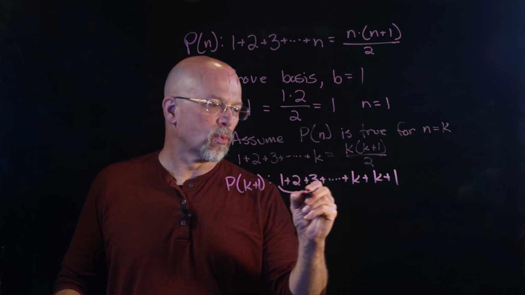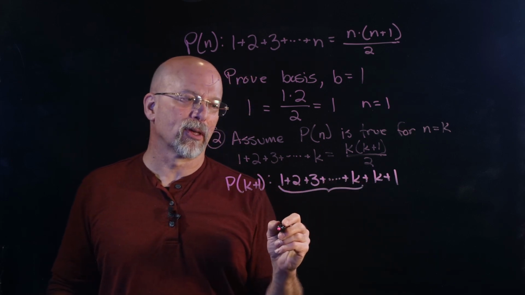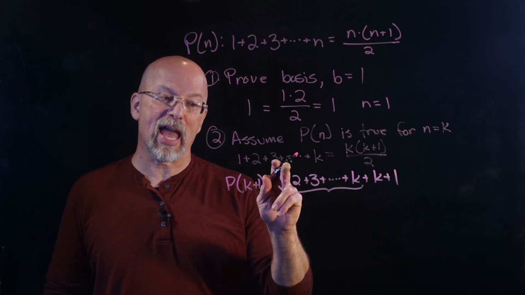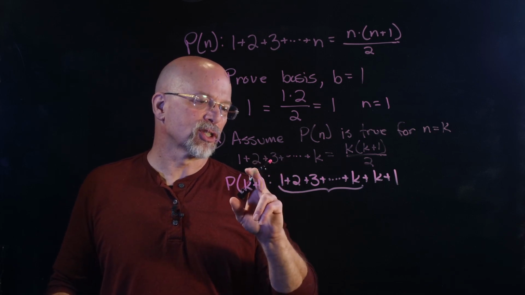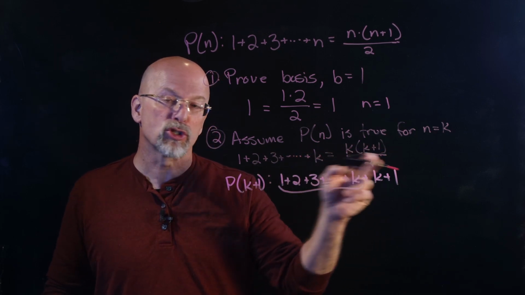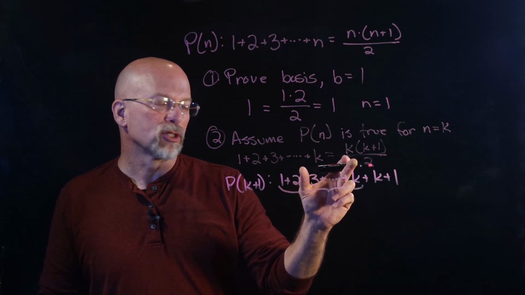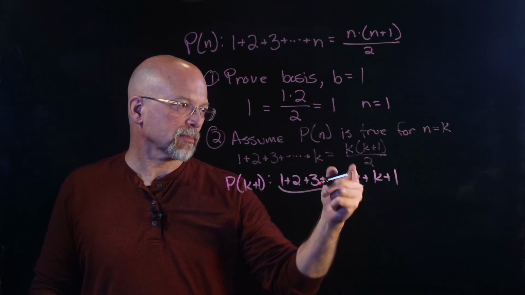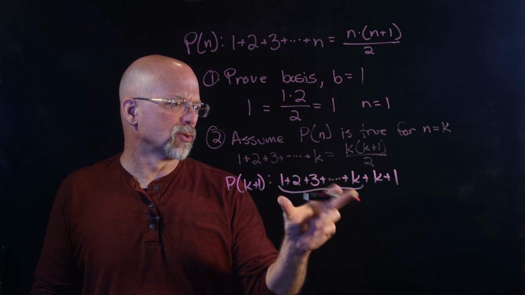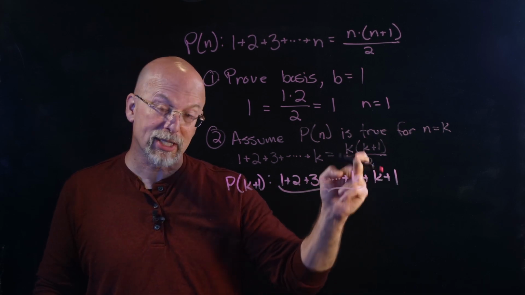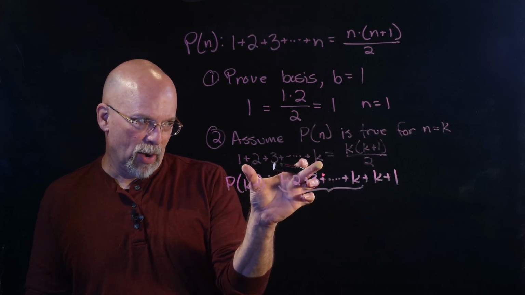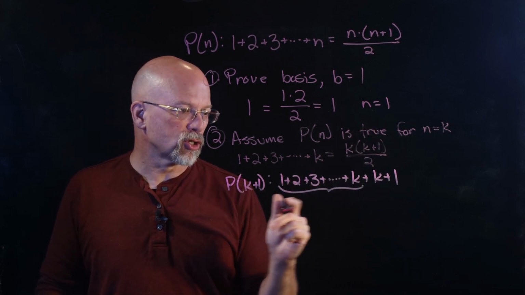Now this bit right here, that look familiar? Well, yeah, that's P of k. And so what we're saying is we assumed that this was true. Therefore, we can simply substitute this value in. And so let's go ahead and substitute the 1 plus 2 plus 3 all the way up to just k. That bit right there, substitute it for what we assumed to be true.